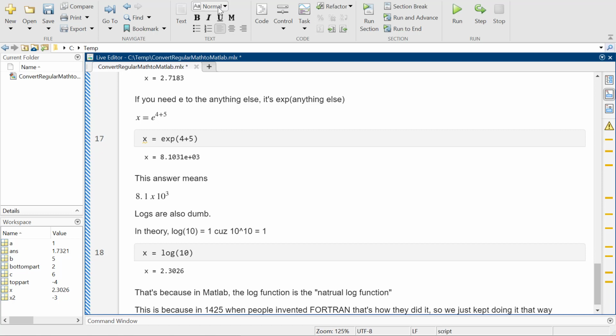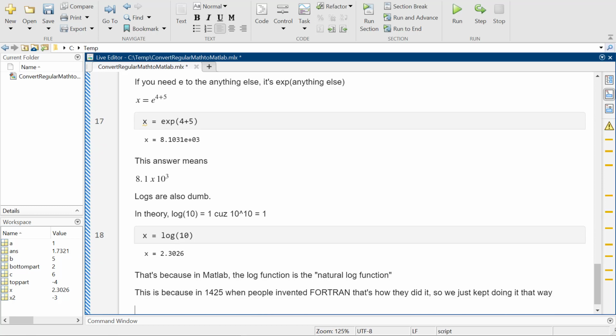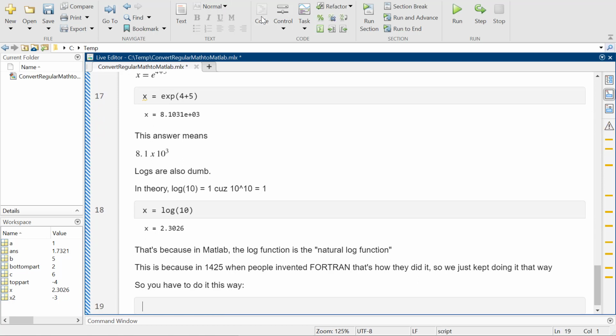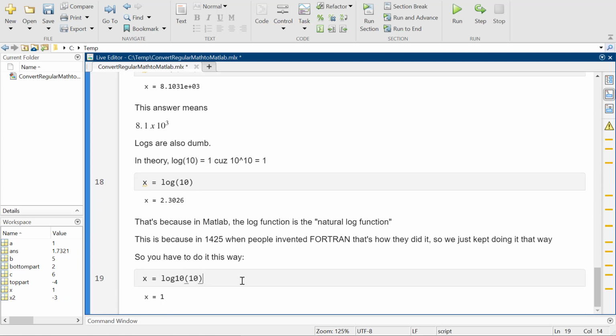But just in Matlab, the log function is the natural log function. If you want to do a log base 10, you have to do it this way: log base 10 of 10. And then you get the one that you wanted.